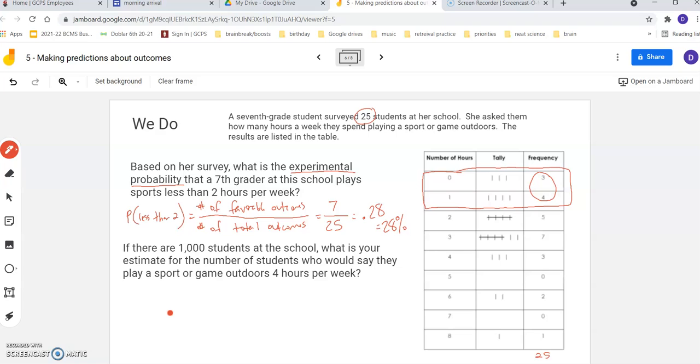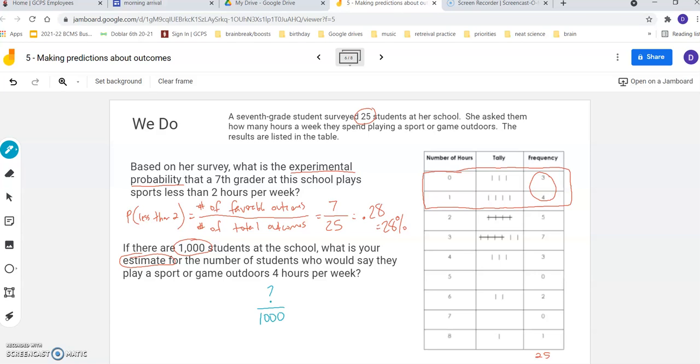If there are 1,000 students at the school, what's your estimate, or how many would you expect or predict for the number of students who would say they played 4 hours a week? Well, let's see. I don't know. Out of 1,000 students, how many would we expect to play for 4 hours a week?